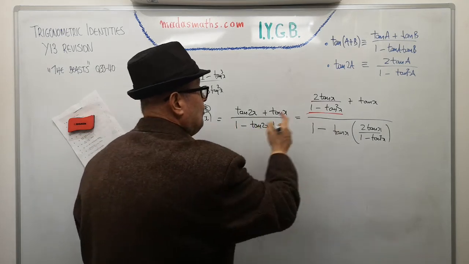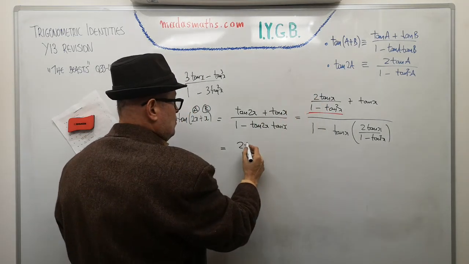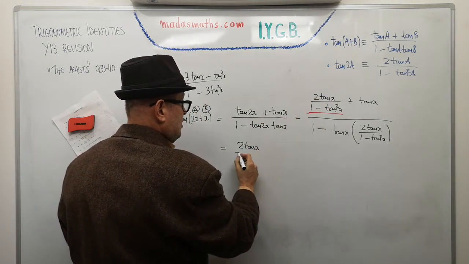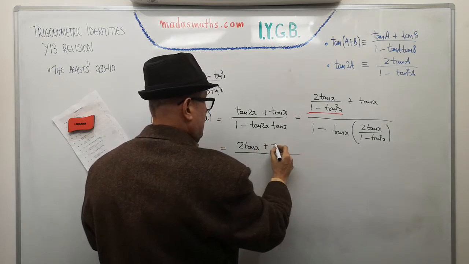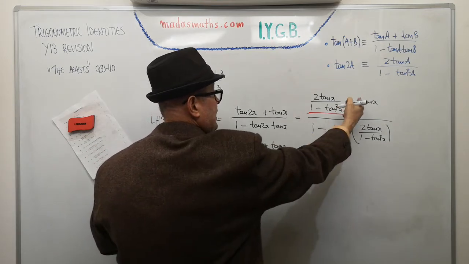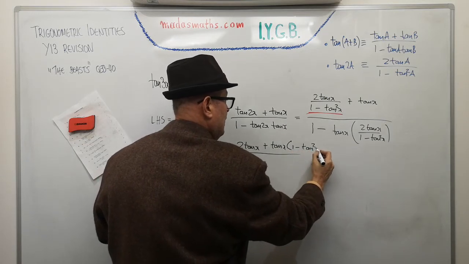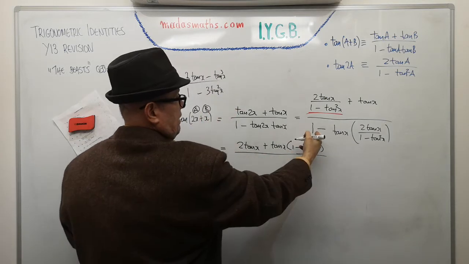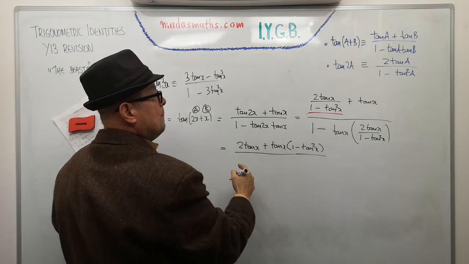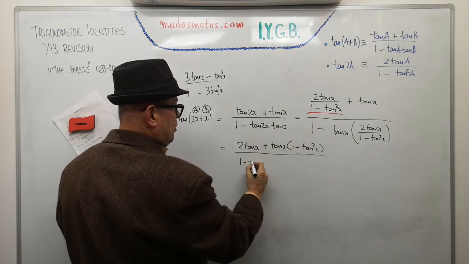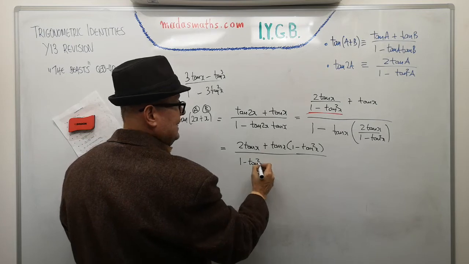So that's equal to, timesing that, it'll give me 2 tan x on the top left, plus the tan of x, which is there, needs to be times by that as well, bracket 1 minus tan squared of x. This one needs to be times by 1 minus tan squared x, so 1 minus tan squared x it is.